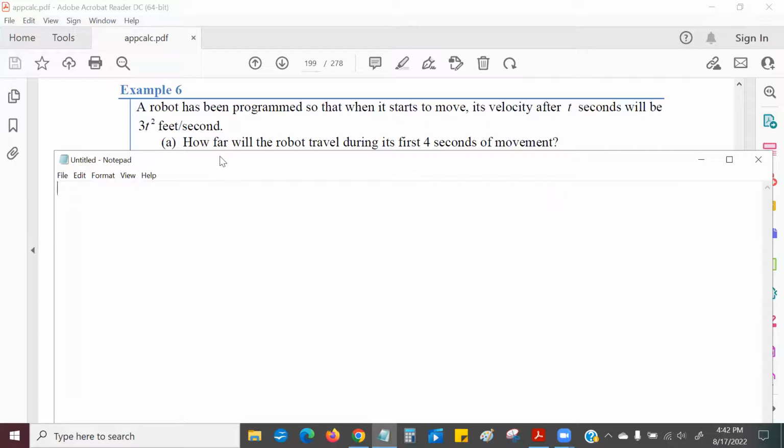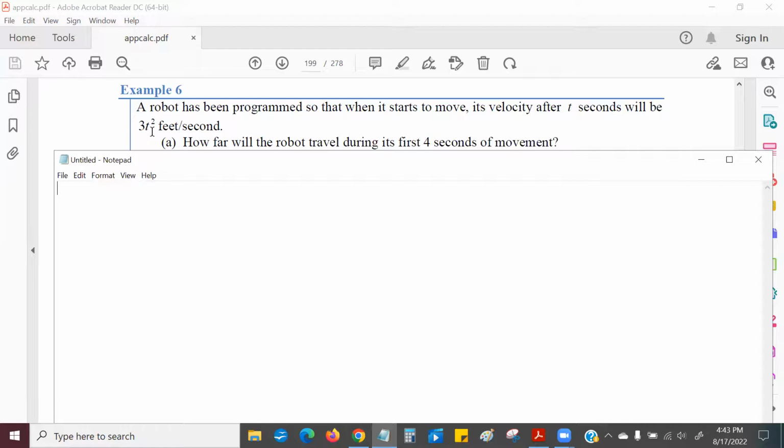Now, why is this even a calculus problem? Why not just do it with algebra? Distance equals rate times time. Well, the reason is because the rate keeps on changing. Every second the rate is different, because it starts out at 0, then it's t times a half squared, t times 1 squared, t times 1.5 squared.